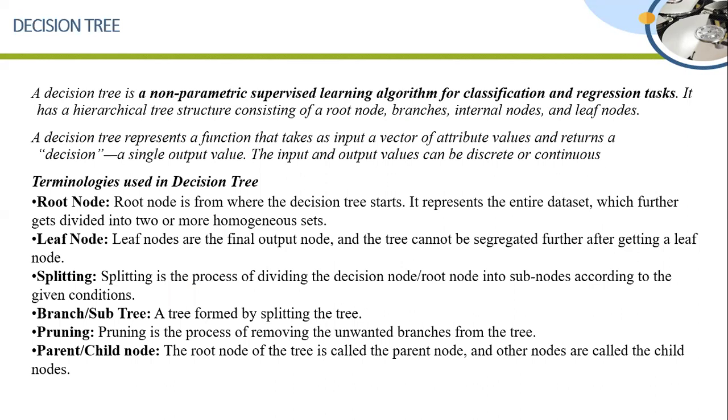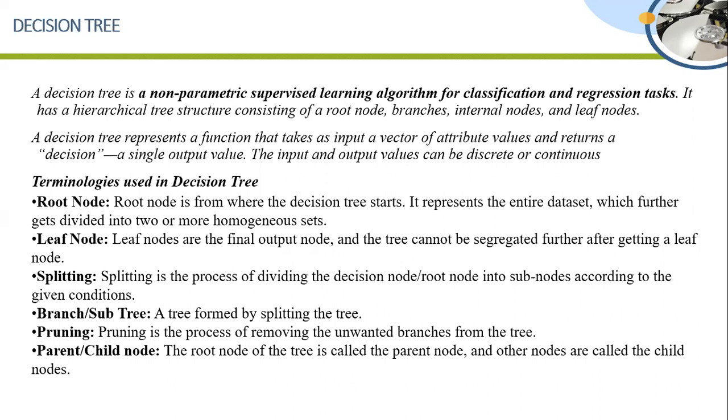Classification means we have a finite data set; regression means we have an infinite data set. A decision tree is a hierarchical tree structure. We have root node, leaf node, internal nodes, etc. A decision tree can represent functions, taking input as a vector of attribute values and returning a decision as a single output value.